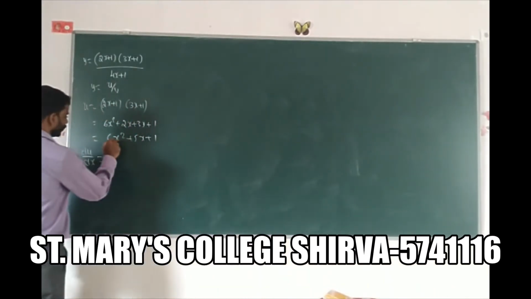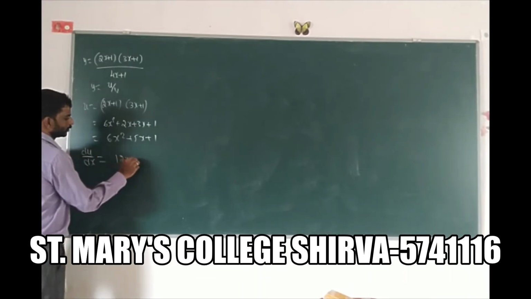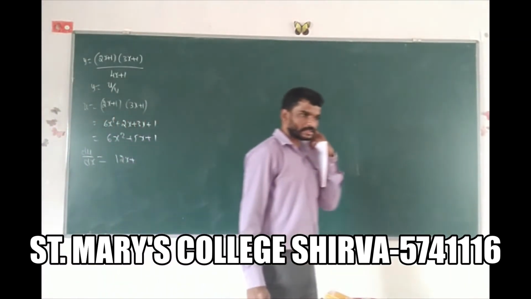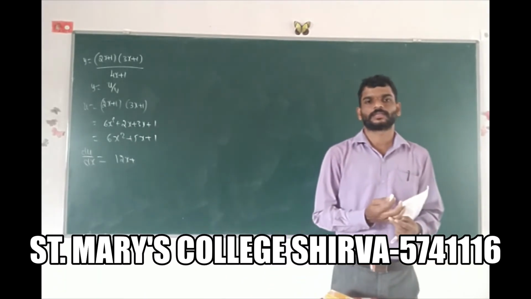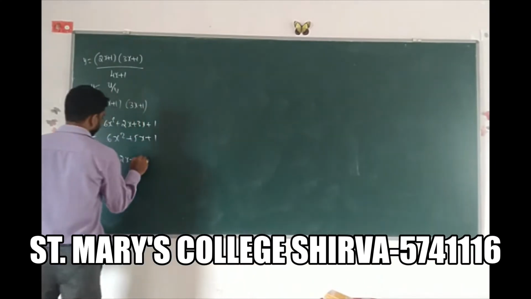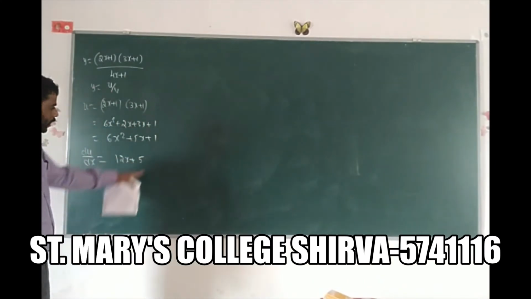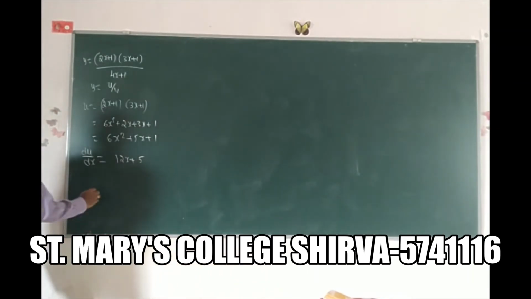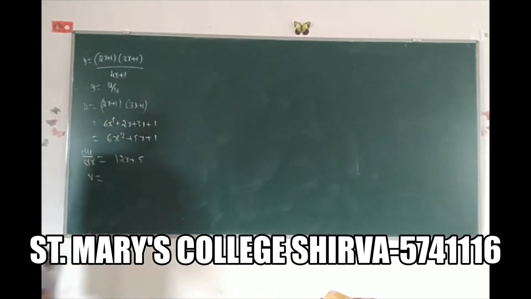So 2 into 6, 12x, plus what is the differentiation of x with respect to x? dx by dx, the value is 1. So 5 into 1, it remains 5. And the differentiation of 1 is 0. Okay, similarly find out dv by dx.